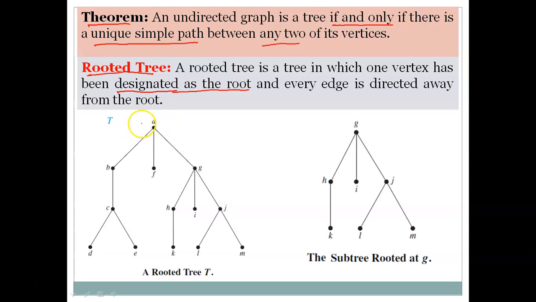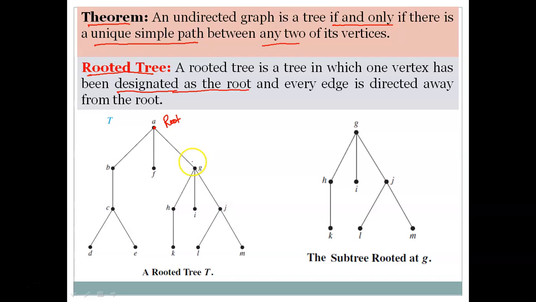So here, suppose in this particular tree, one vertex is designated, A. A is the designated root, and all the edges are directing away from this A: A to B, A to F, A to G, and then further from these vertices we have further edges. They are directed away from this root. So in fact, this is the root here, and that is why we are calling it a rooted tree.